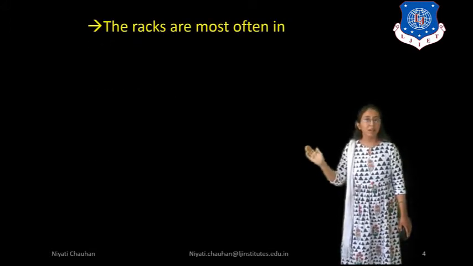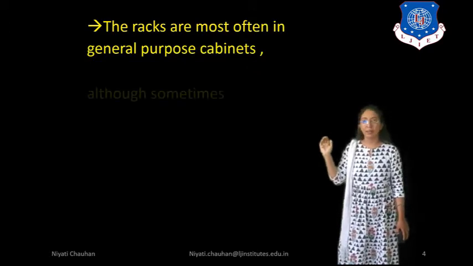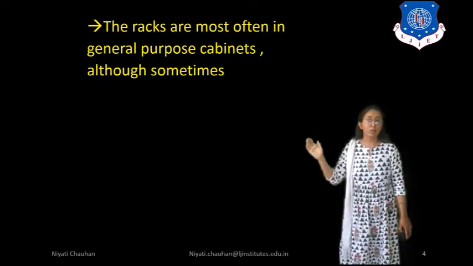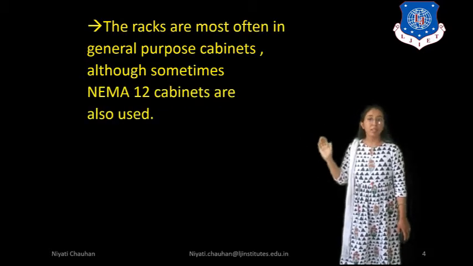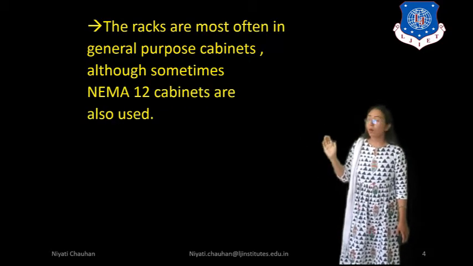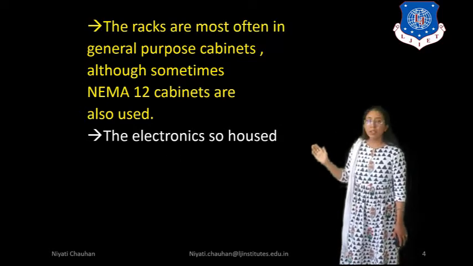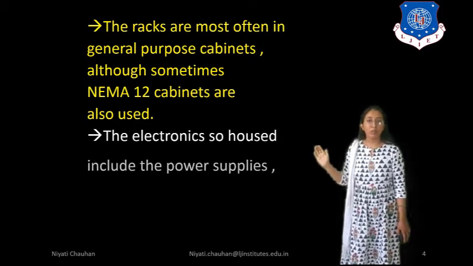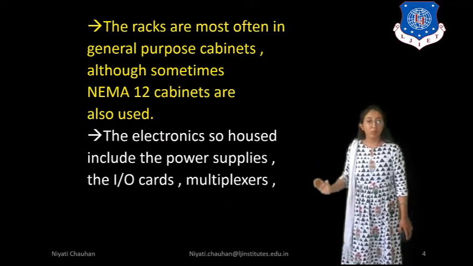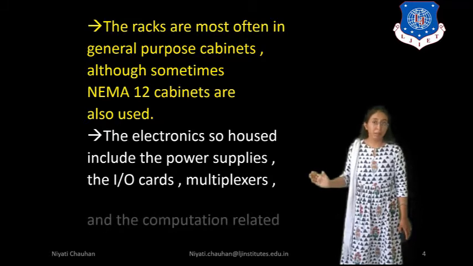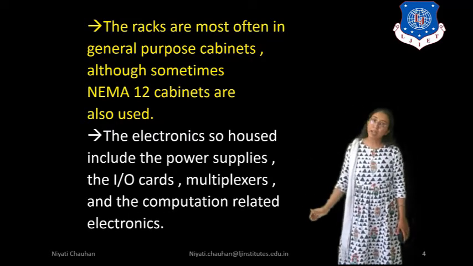The racks are most often in general purpose cabinets, although sometimes NEMA 12 cabinets are also used. The electronics so housed include the power supplies, the input-output cards, multiplexers, and the computation-related electronics.